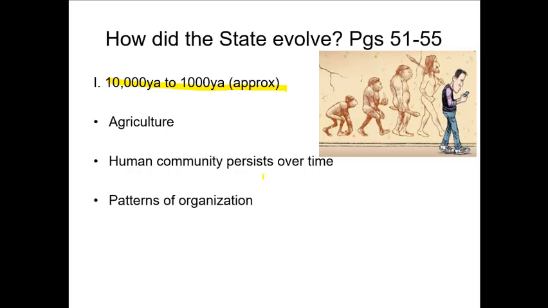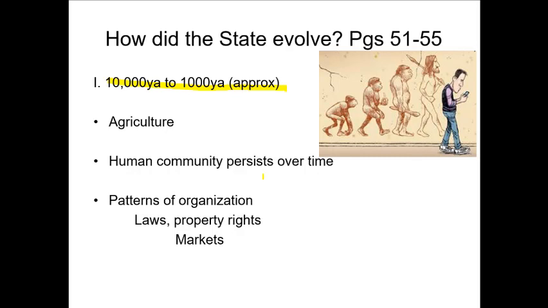And so as a result, we started to see patterns of organization from these human communities. We started to see laws because people had to live together and coexist, so they had to come up with laws in order to live together. They started to come up with certain rights like property rights, because people had to live in their own spaces, so they had to come up with some rules for that.